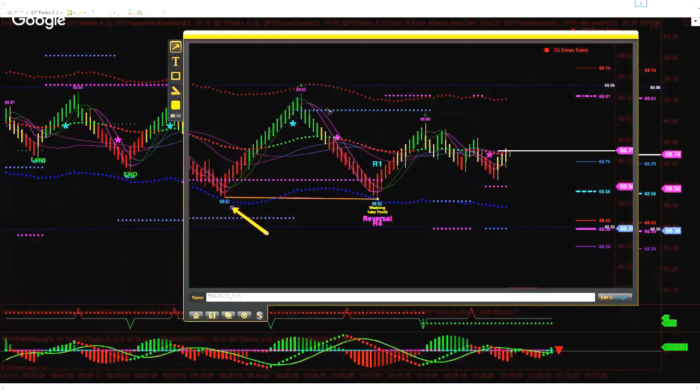If you miss it, you miss it. Then you have another entry right there, right in line with the band. And this one here on your auto trade will exit right there on your auto trade.